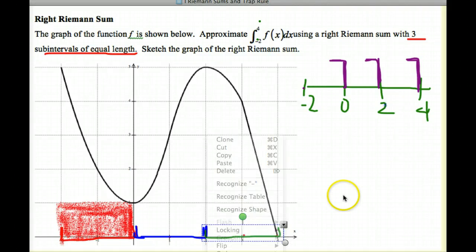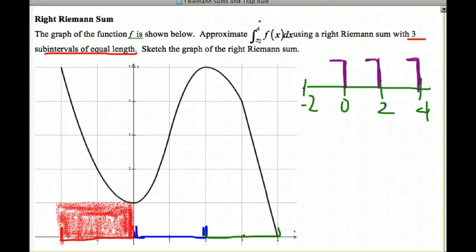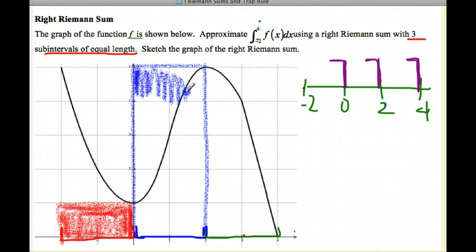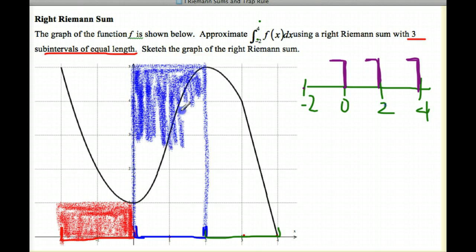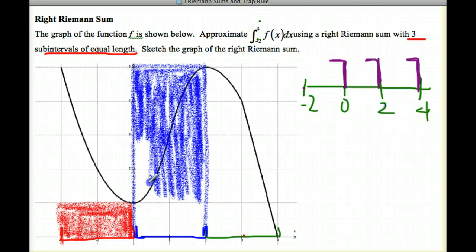So I go to number 2, and I draw my line until I hit the graph. And here I hit the curve when I'm at 5. I go towards the left-hand side, and then I color in my rectangle. So once again, I drew a rectangle using the right-hand side.